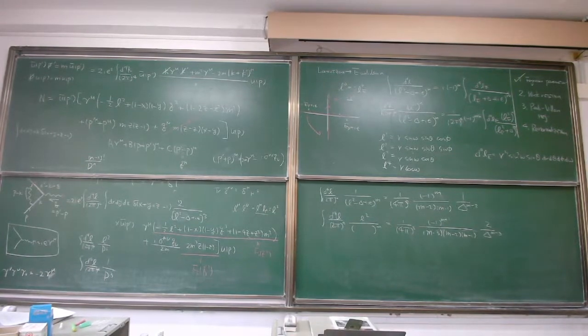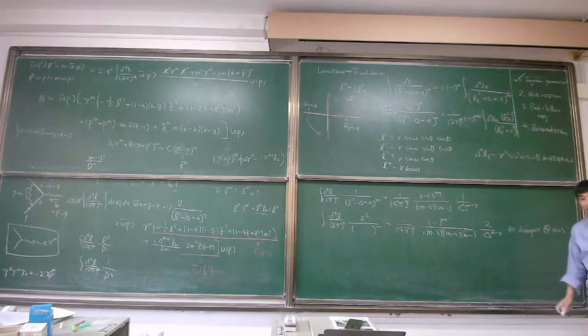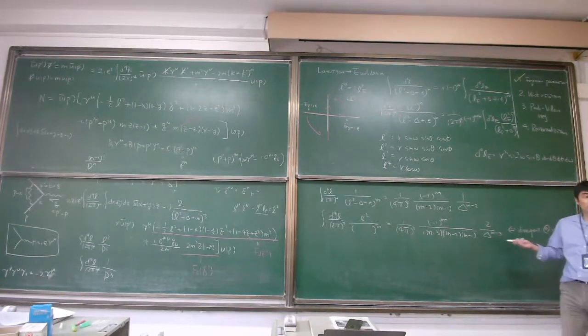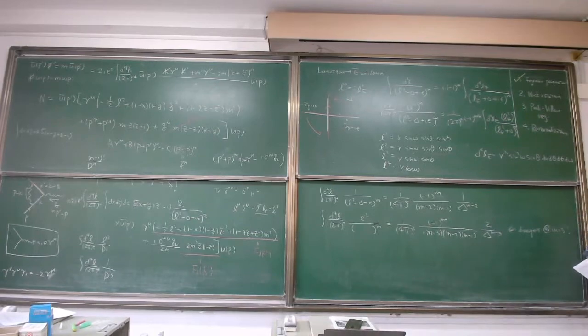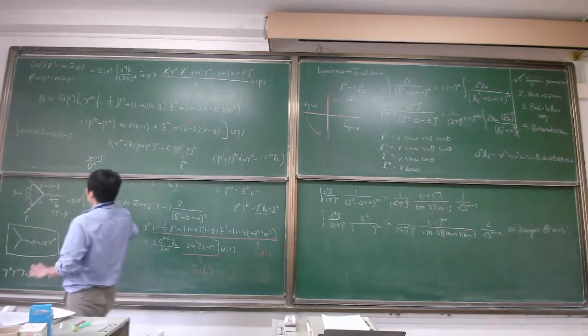The important thing is that this is divergent at m equals 3. M equals 3, this is clearly divergent. In fact, the divergence comes from this diagram.